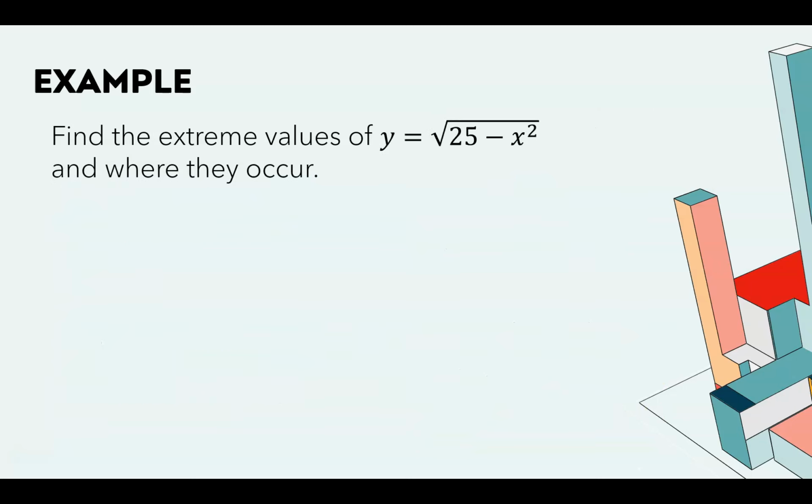Now, this one actually might be a little bit interesting, because you might be thinking like earlier, well, 25 minus x squared, I guess is continuous wherever, well, let's think about it.